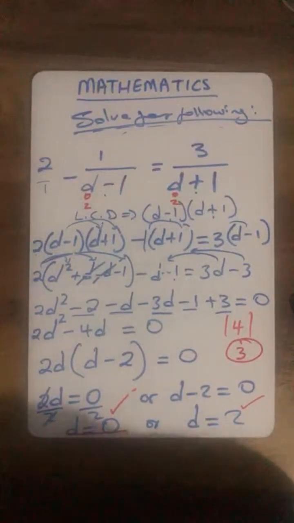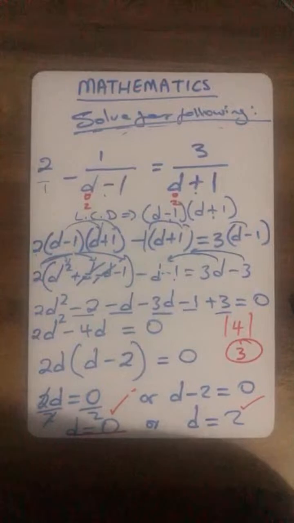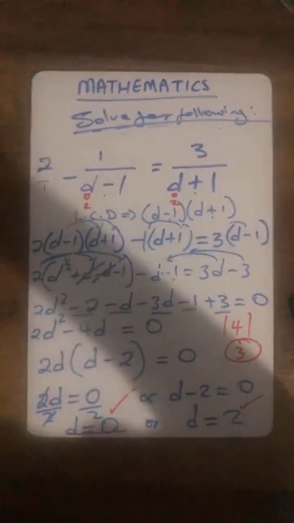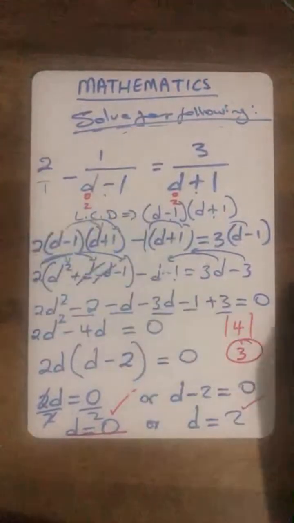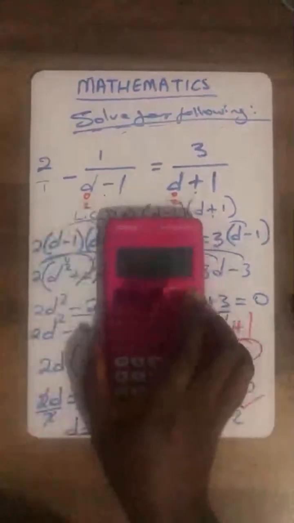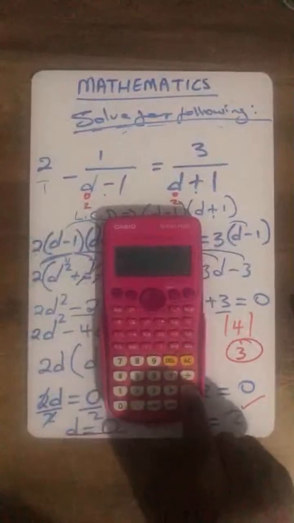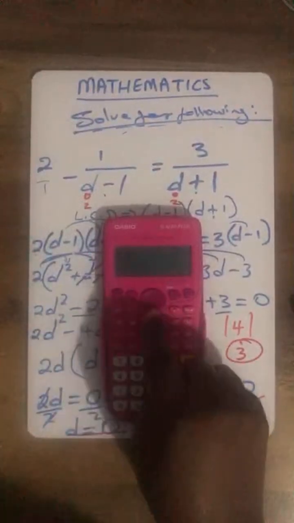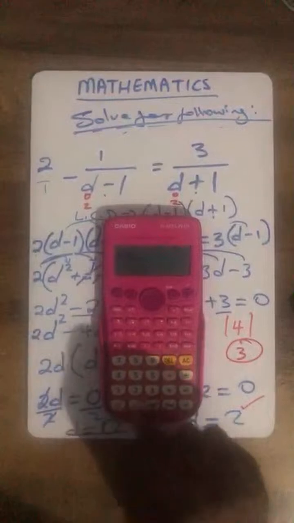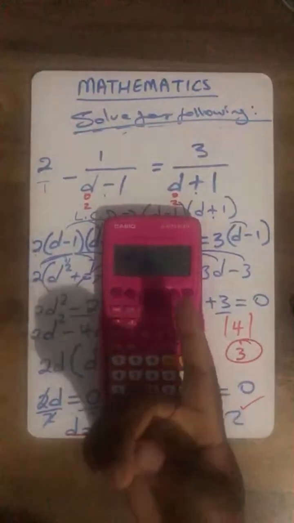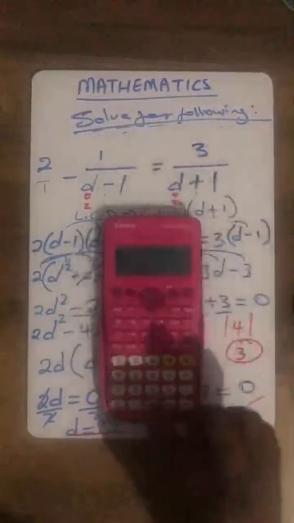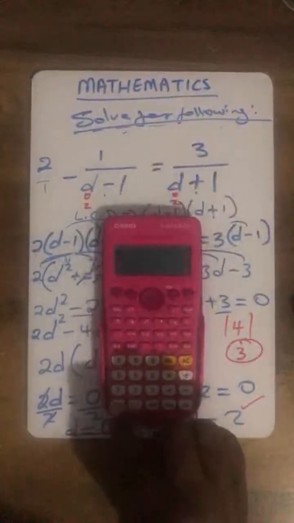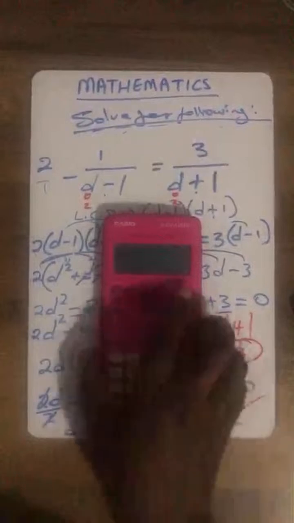I'm not sure about that one. Someone says the solution for 0 is 3 and negative 3. No, let me check it. So you need to say 2 minus the fraction 1 over 0 minus 1. It gives me positive 3. And again on the other side, if you say 3 over 0 plus 1, it gives me 3.